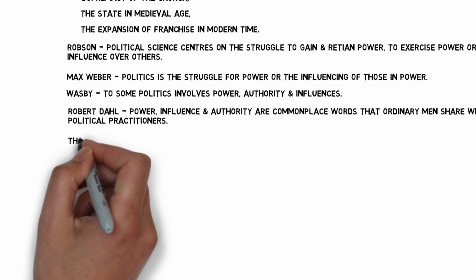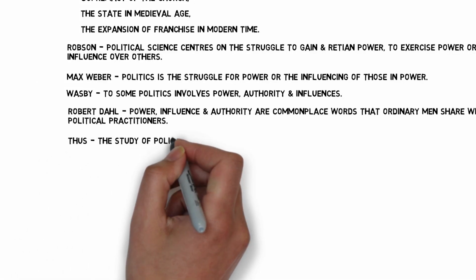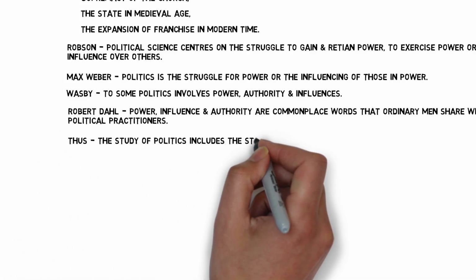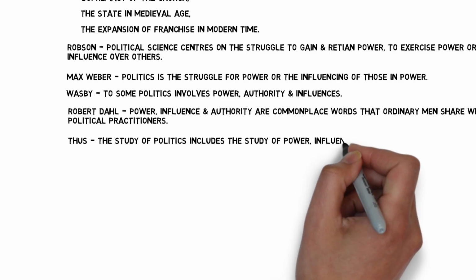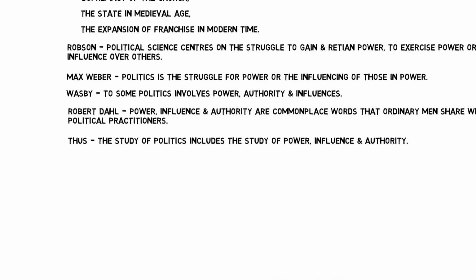So thus the study of politics includes the study of power, influence, and authority, authoritative allocation of values, conflict, controversies and cooperation, group involvement, processes of decision making, political institutions, internationalism, and so on.